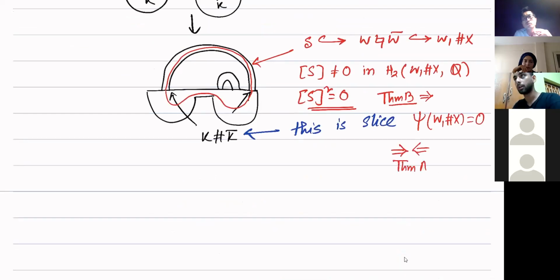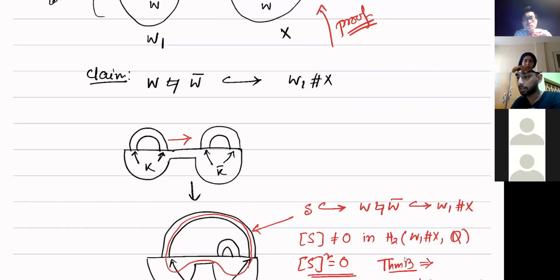So thus we get the contradiction of the fact that our initial assumption was this fact, right?